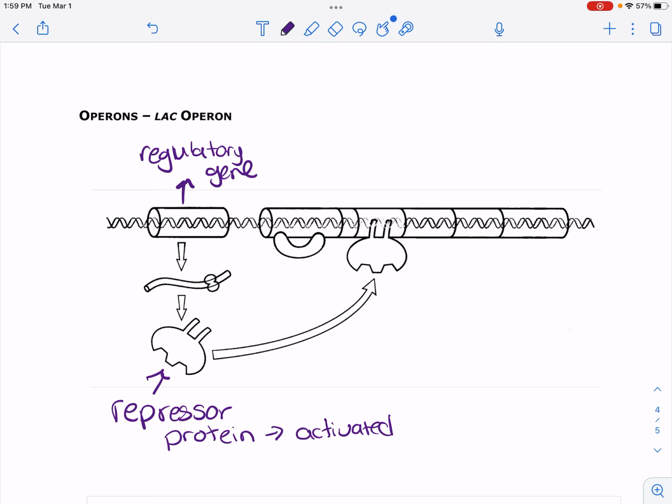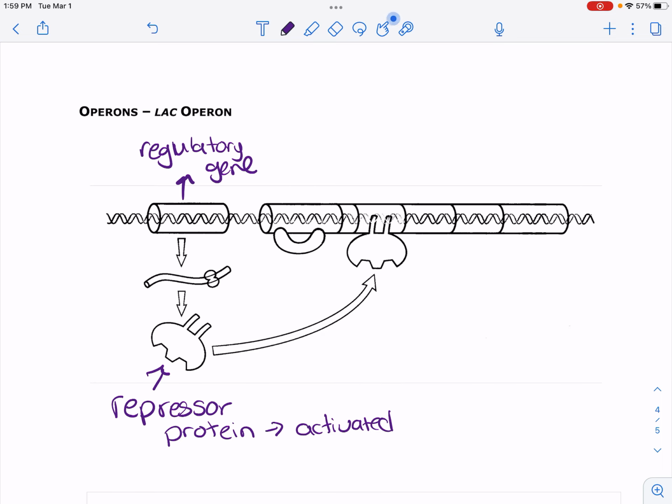And so my RNA polymerase can't bind. It can bind to the promoter as it does, but it can't actually transcribe this gene and then therefore translate this gene, because the repressor protein is bound to the operator, so my genes can't be transcribed.